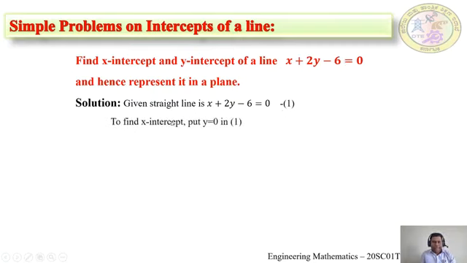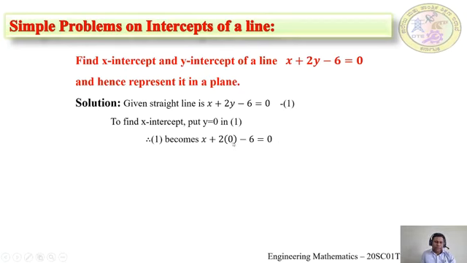So to find the x intercept, put y equal to 0 in equation 1. Then equation 1 becomes x plus 2 into 0 minus 6 equal to 0.